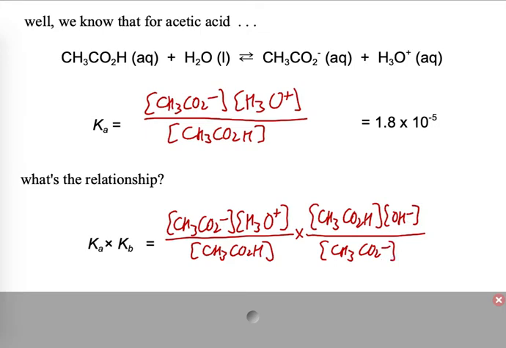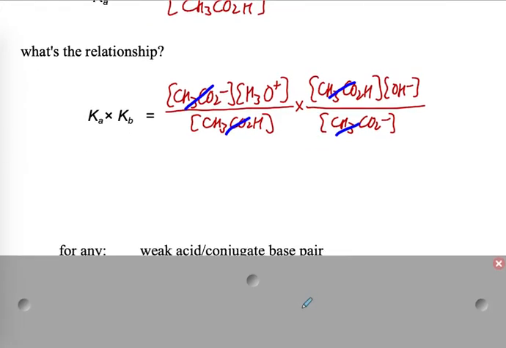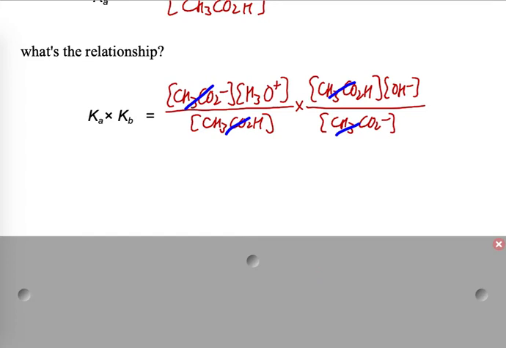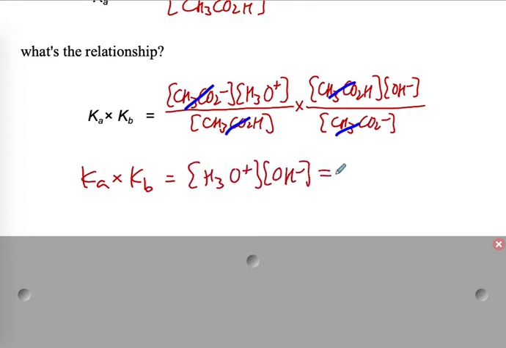Well, it looks like some concentrations cancel. Acetate cancels acetate, acetic acid cancels acetic acid, and what am I left with? What I have is simply that Ka for a weak acid times Kb for its conjugate base equals the product of the hydronium ion concentration times the hydroxide ion concentration, which is equal to Kw, which is equal to 1.0 times 10 to the negative 14th.